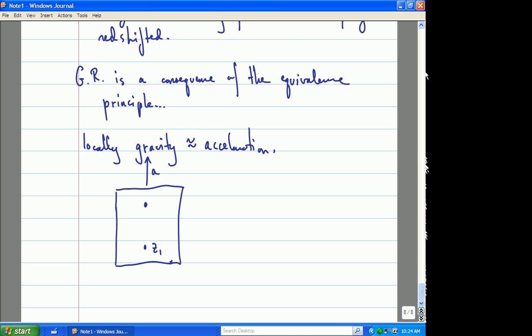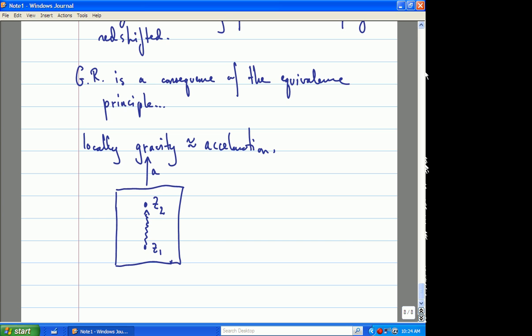So if you have these two observers in this elevator at vertical positions z1 and z2, and then if you have the observer at z1 emit a light wave with a given frequency, say at time t1, then the elevator will be going slightly faster when this light ray is received by the observer at z2.